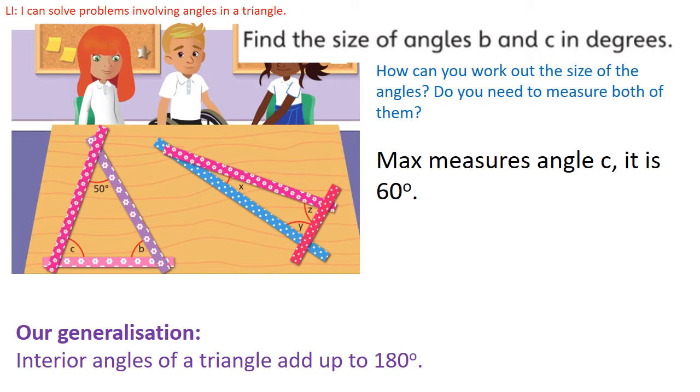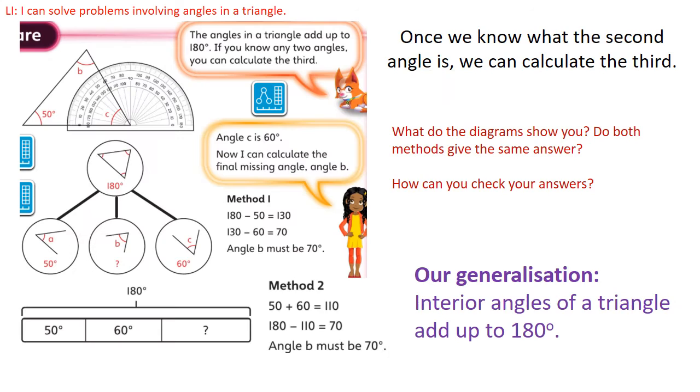So how can we work out what angle B is? Do you think our generalisation will help? Interior angles of a triangle add up to 180 degrees. It would, wouldn't it? Let's have a look. So here you can see that we've got a whole model.